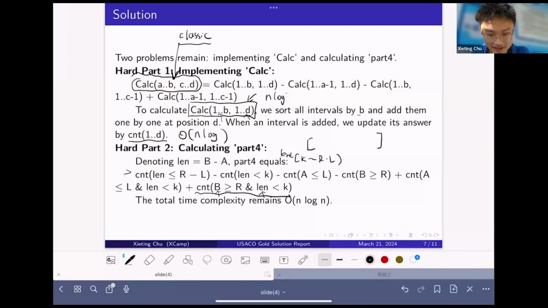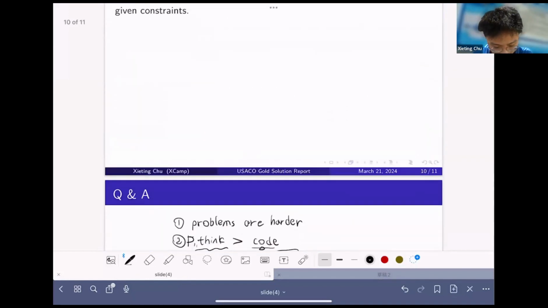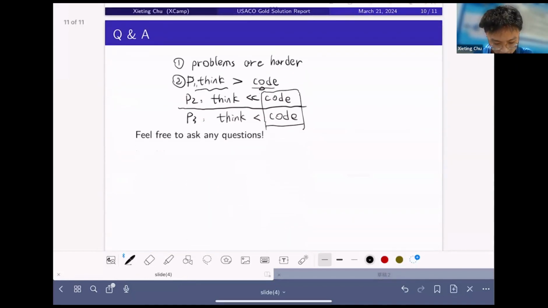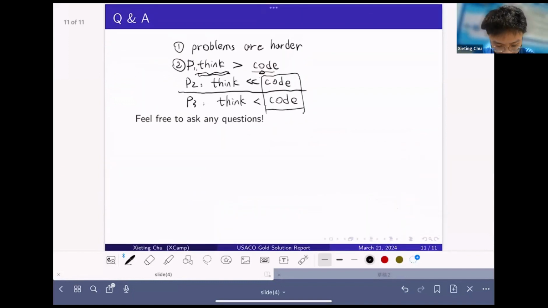Do not only practice on Codeforces or AtCoder. These two platforms generally focus on the thinking, but for the code you can try to practice some more on the Chinese online judges, and that's it.